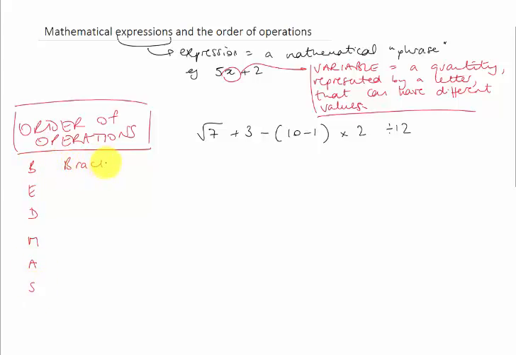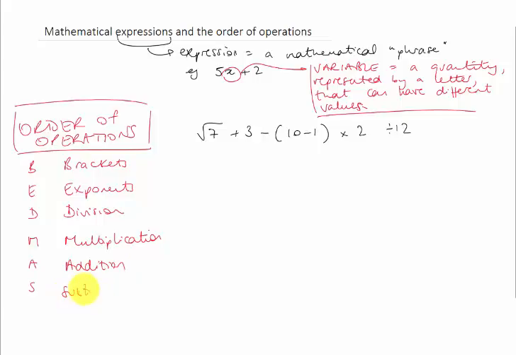So here we've got brackets, and then exponents, division and multiplication, which are kind of the same thing, and then addition and subtraction, which are kind of the same thing. So if we have an expression like this, we just have to look down the list and see if we can find any of these things, deal with them, and then we can move on.